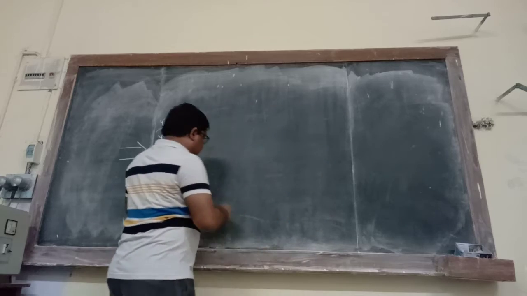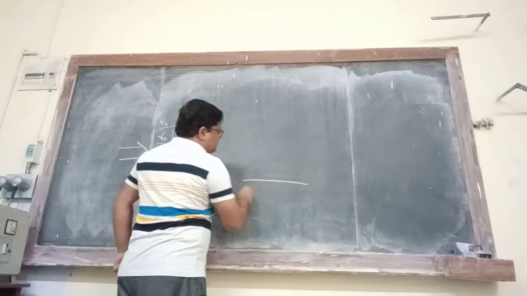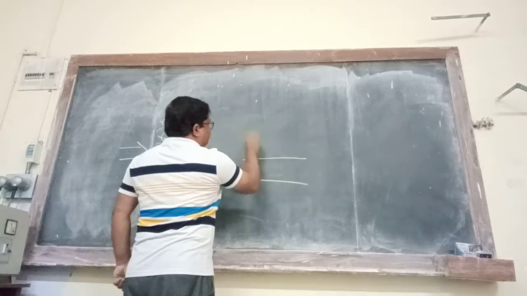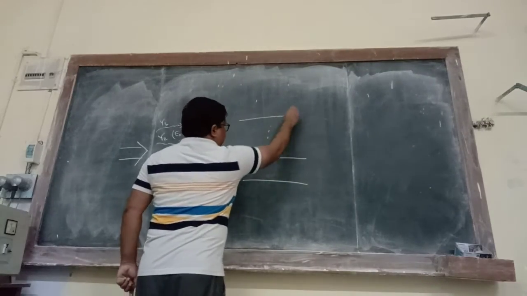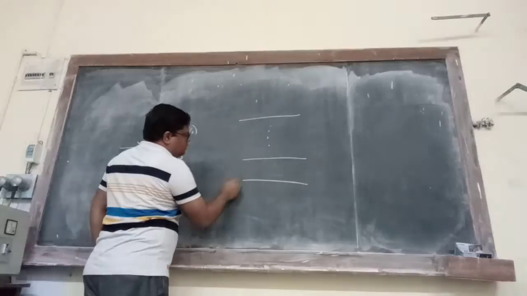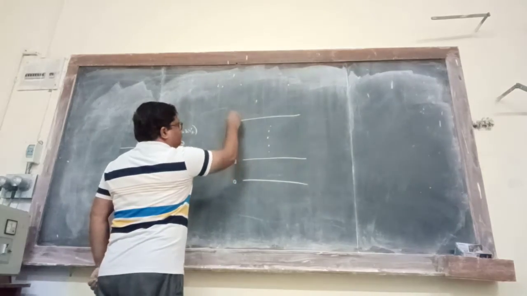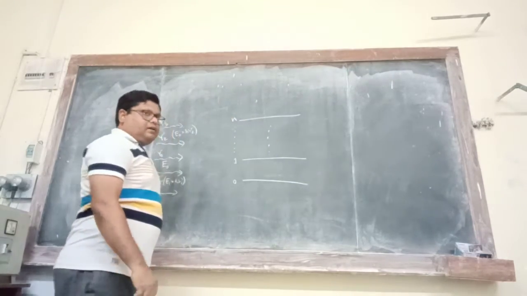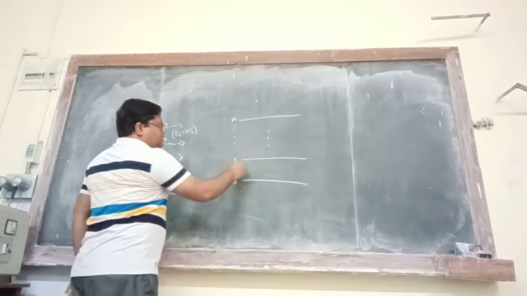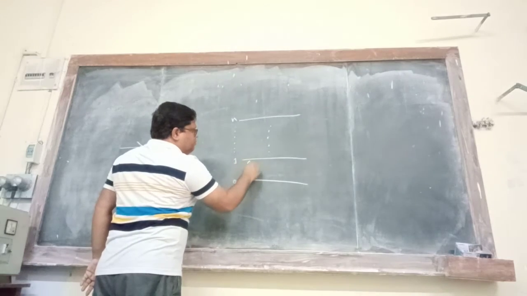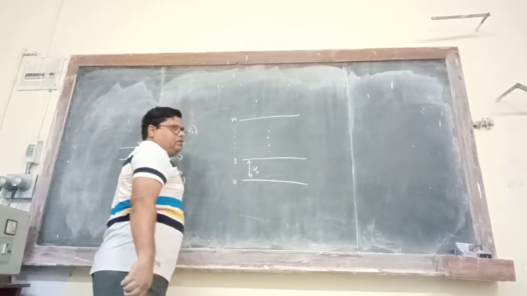Suppose this atom has energy levels like this: level 0, 1, and so on, up to n. And this gap corresponds to mu0.